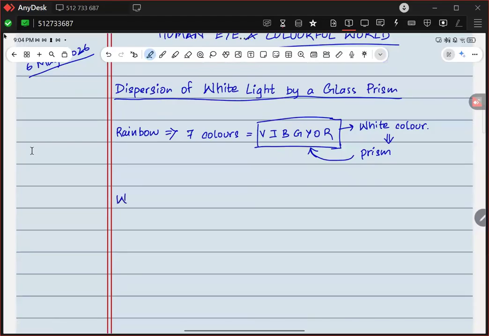So when white light passes through a prism, it is split into a band of colors.